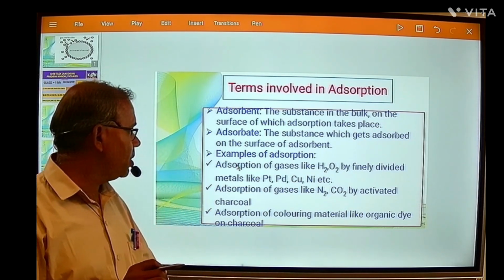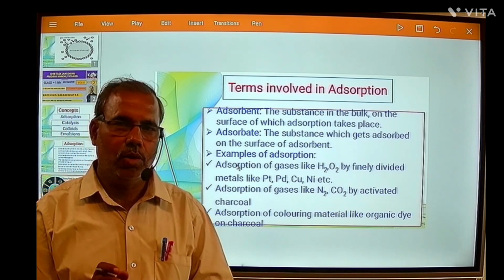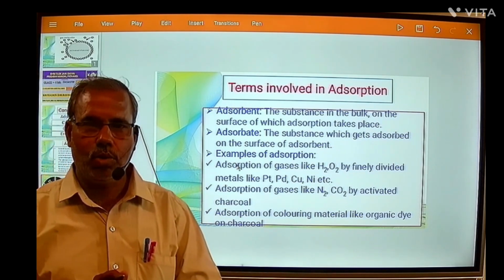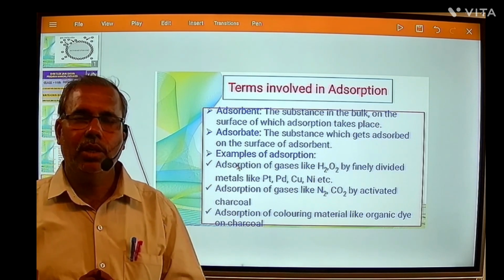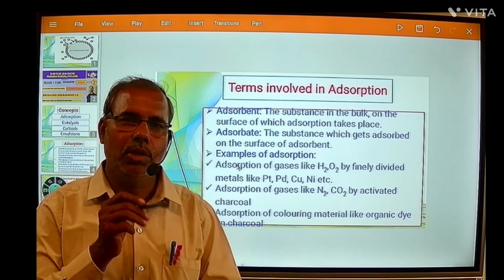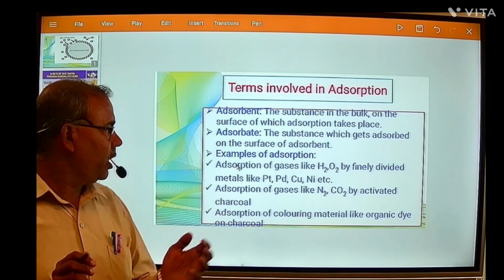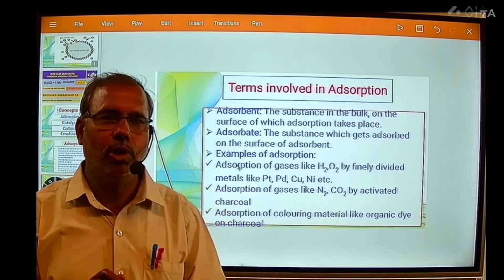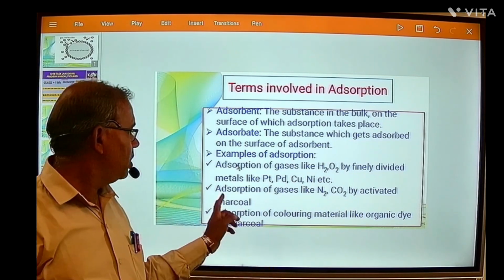Then adsorption of gases like dinitrogen, that is N2, and carbon dioxide gas by activated charcoal. We saw the picture in the first slide of activated charcoal, on the surface of which the gas molecules are accumulated. So nitrogen gas or carbon dioxide gas molecules get adsorbed on the surface of activated charcoal.